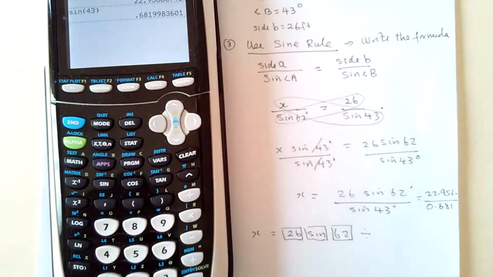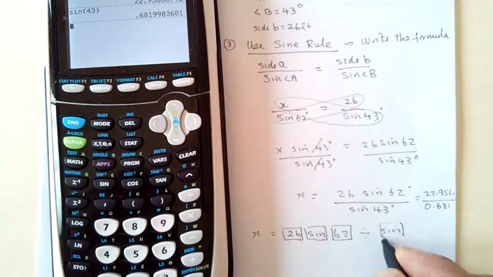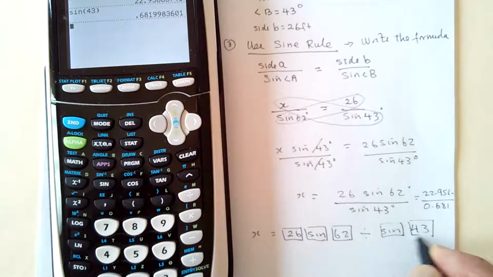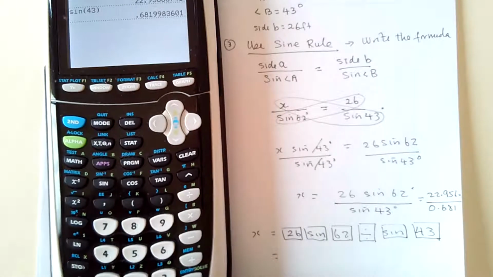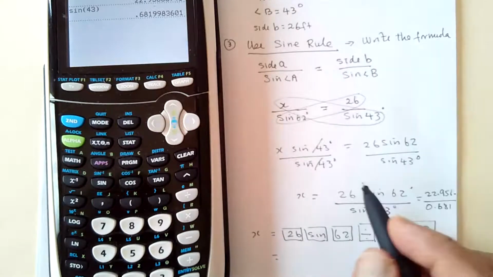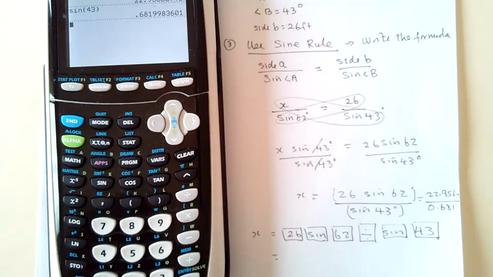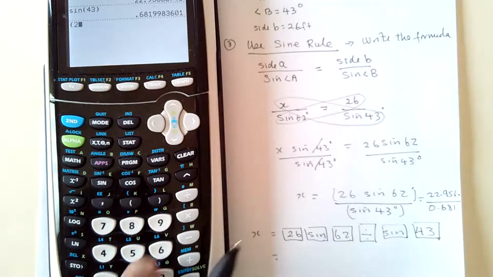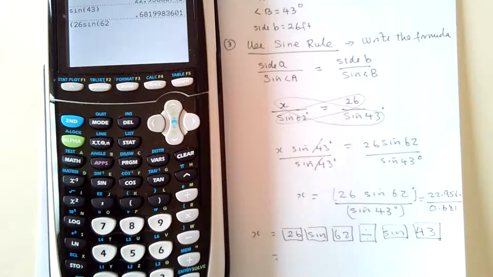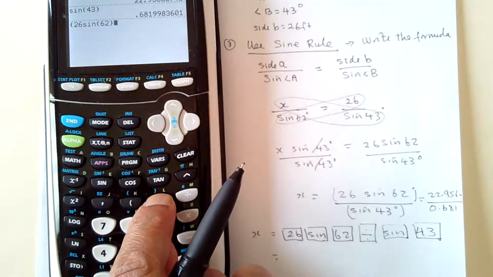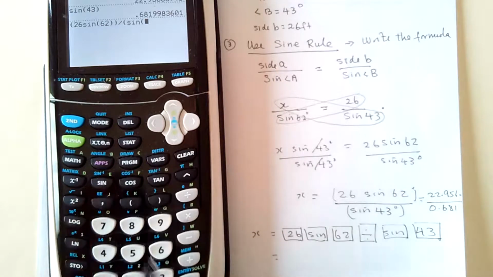So I divide this by sine 43. I'll do it all in one, and you can do the same thing in the calculator, but I would suggest you put brackets around these when you're completing them. For example, I'll start off with a bracket, 26 sine 62, close bracket, divided by open bracket, sine 43.